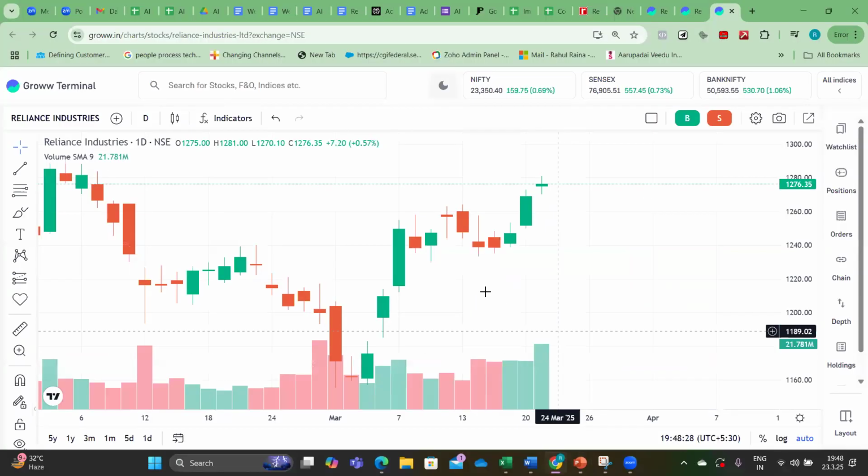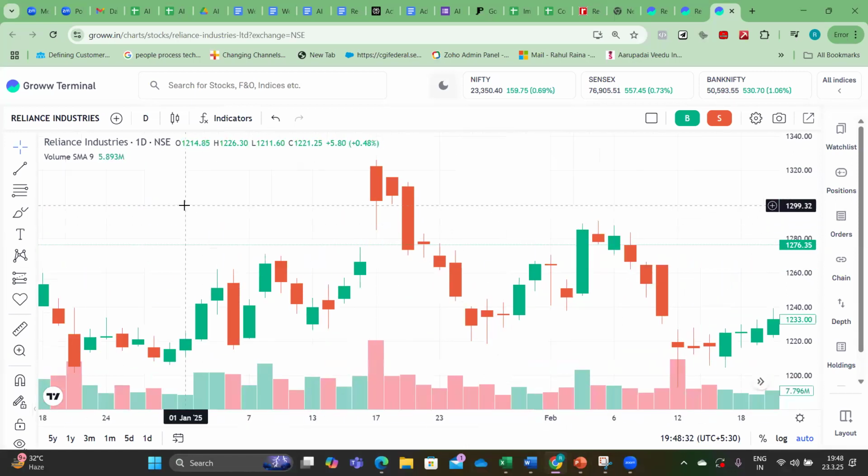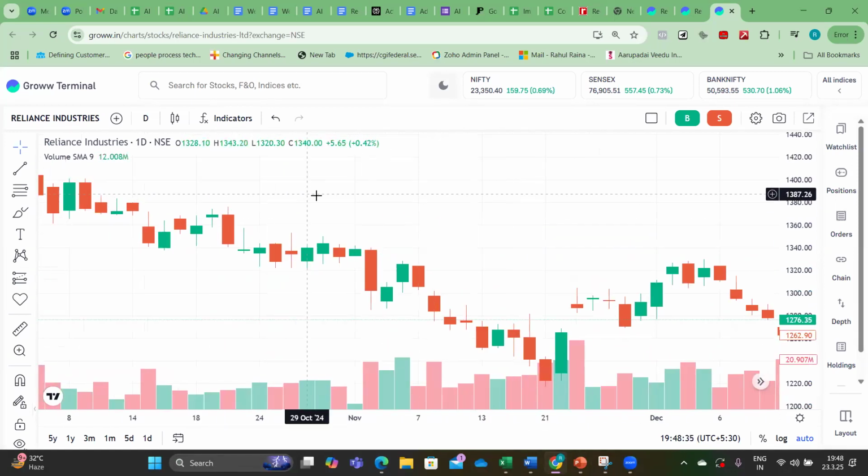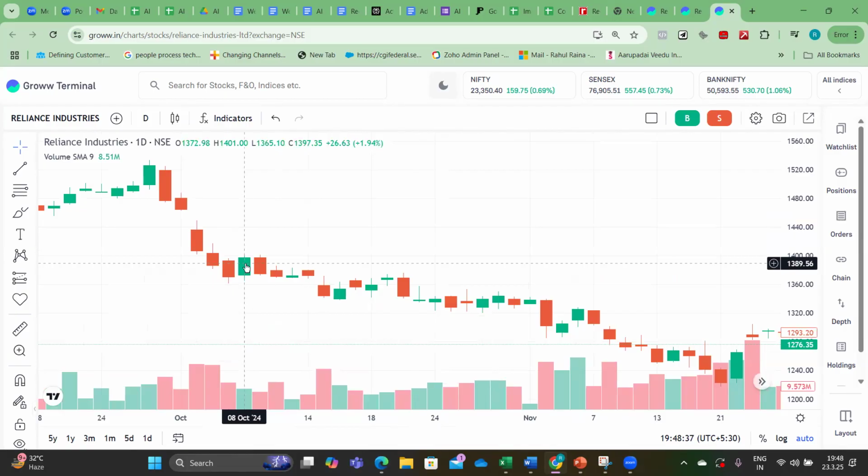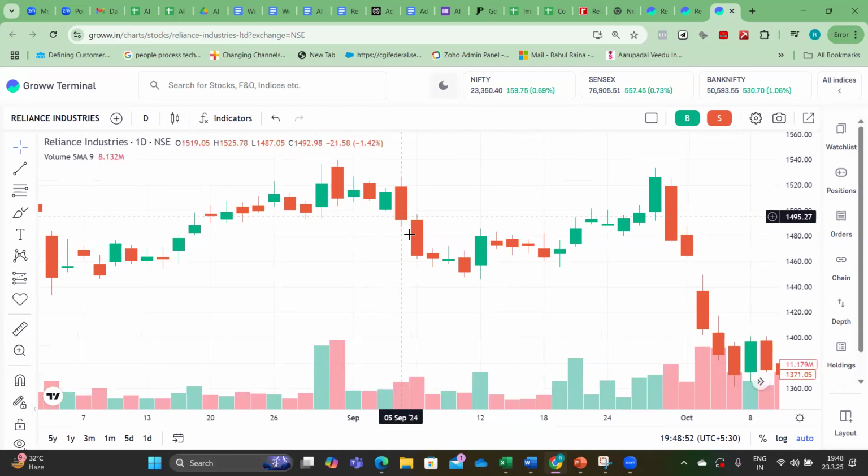Same thing I think we already did. So now you know what is a green, what is a red. So you go anywhere in this chart. Let's see this. Open is 1372.98. Close is 1397. Close is higher than open, right? That means it's a green candle. Let's see this one.